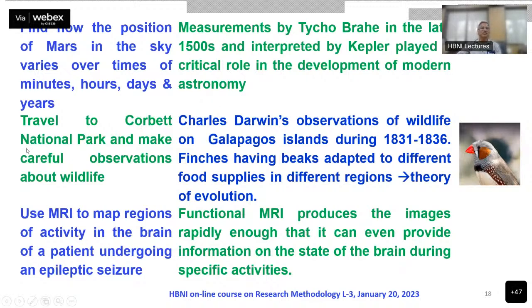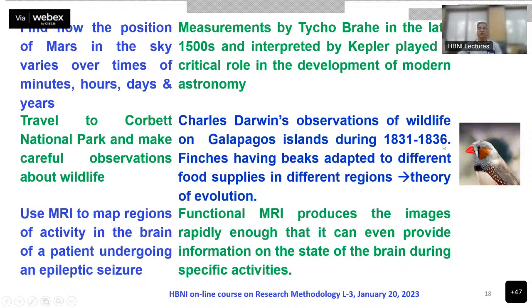Another very interesting one, for those in evolutionary science: travel to Corbett National Park and make careful observations about wildlife. That is what Charles Darwin did in the 19th century. Charles Darwin observed the wildlife of the Galapagos Islands during 1831 to 1836.